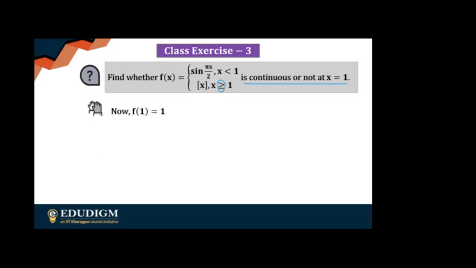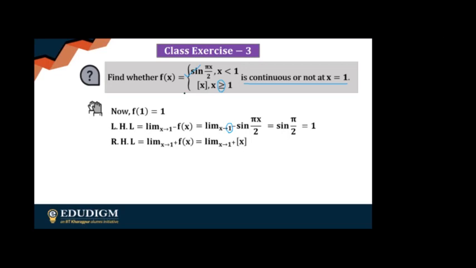This is box 1, which is 1. Left-hand limit: this is the part of the function that we have considered for the left-hand limit. If I just put the value, these are the easiest type of limits, simple substitution. Again, for the right-hand limit, you're using this part of the function. So box 1, something more than 1 actually. So it's perfectly all right.